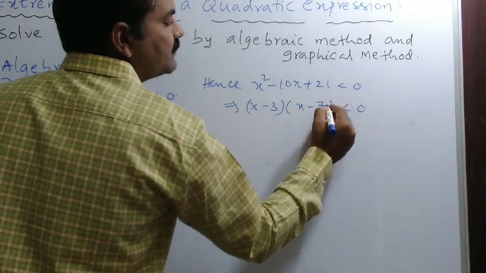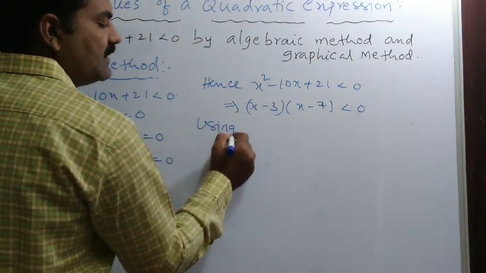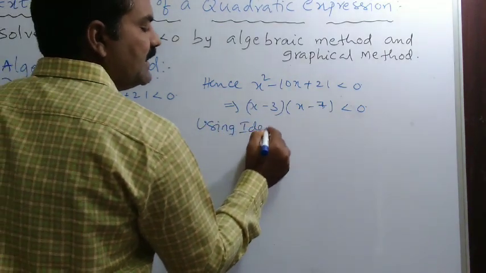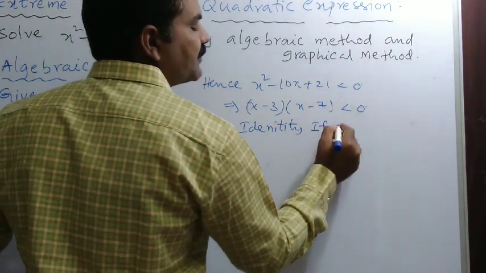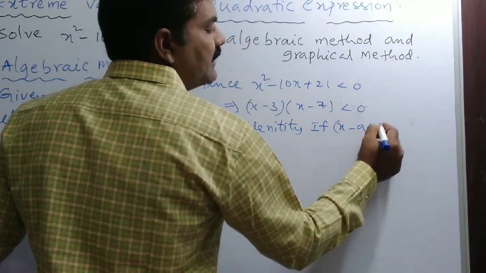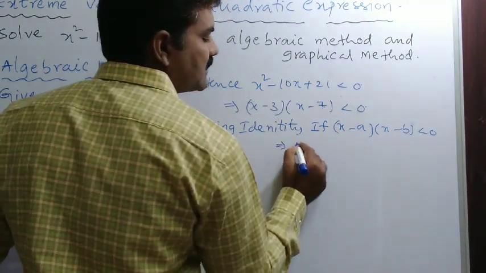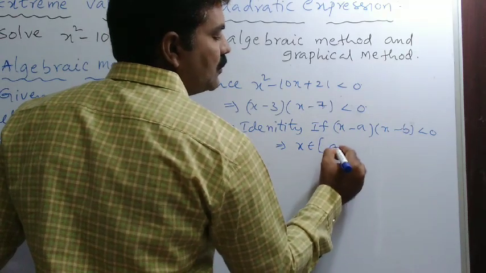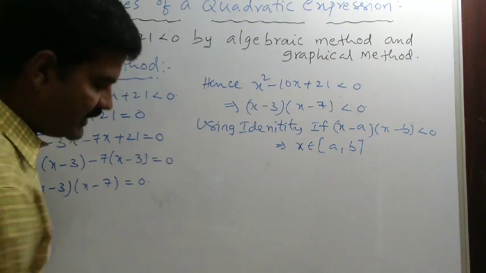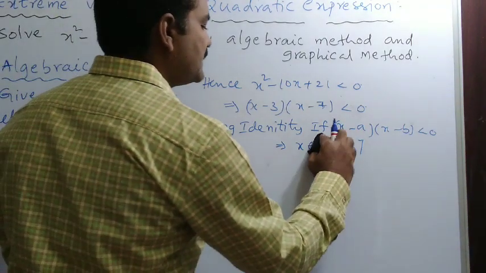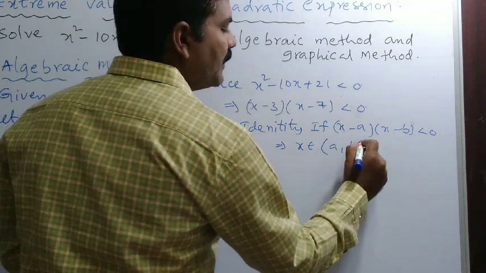less than 0. So one way is using the standard identity which we discussed already, that is, if x minus a into x minus b less than 0, hence x belongs to the open interval a comma b, since it is only less than.